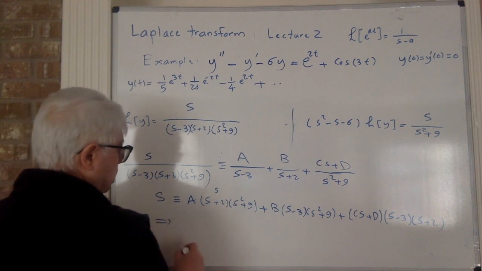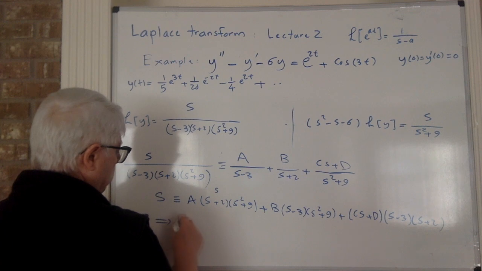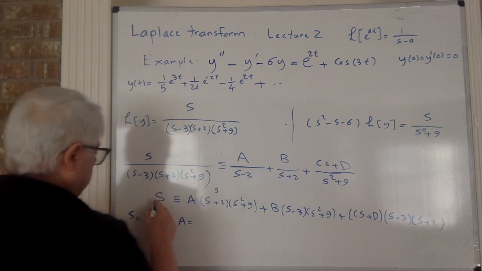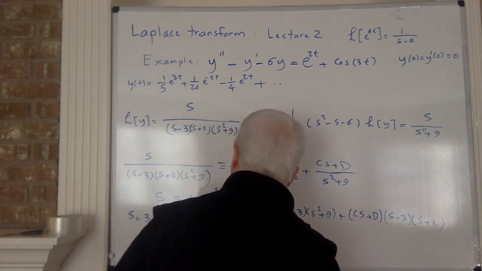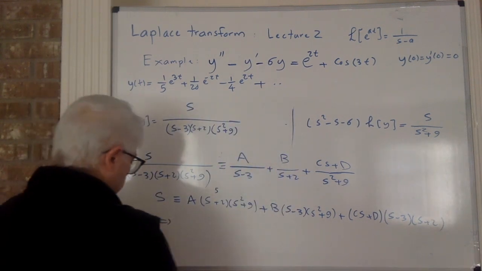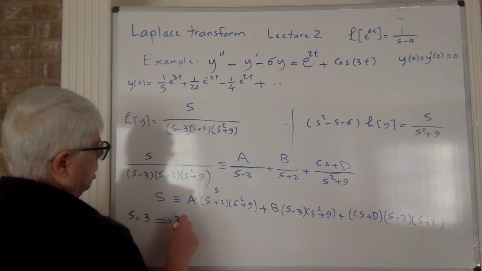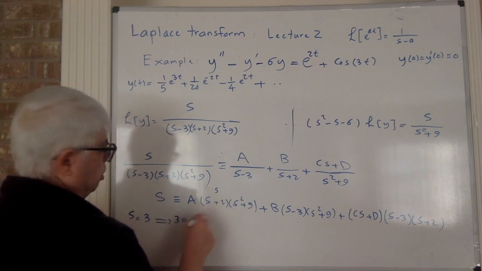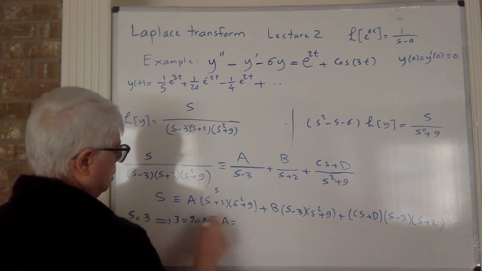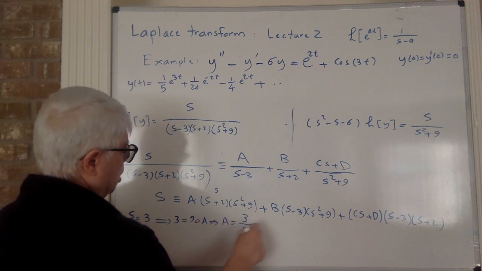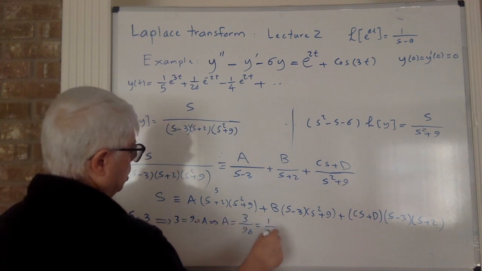So when s is 3, I have 3 on this side equals 90 A. So A is 3 over 90, or 1 over 10.